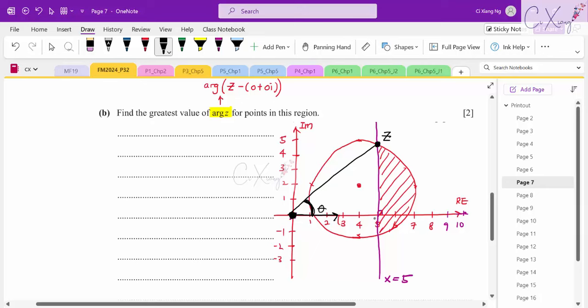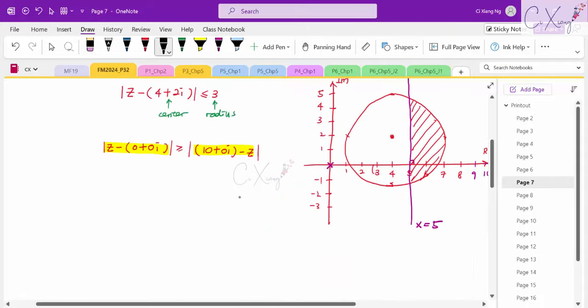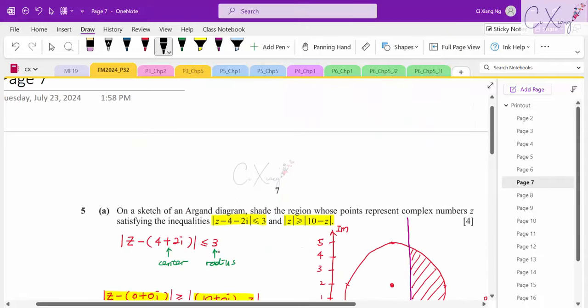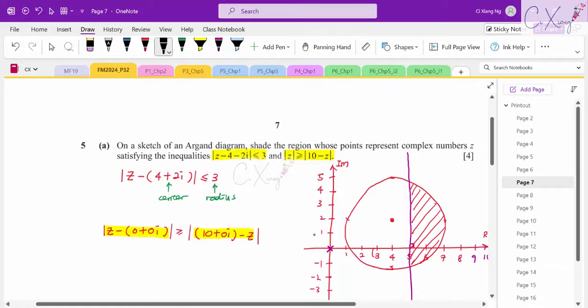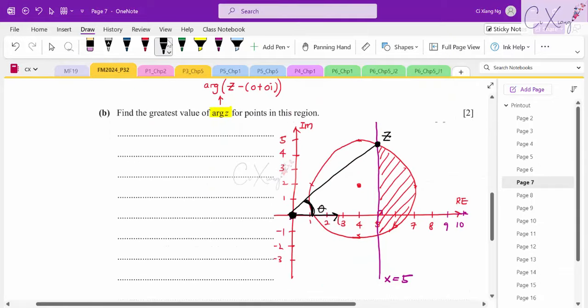There's no fixed method. It depends on your knowledge, or your idea of using all the concepts that you learned before to solve this question. For me, because I know that this is a circle with center 4, 2 and radius 3, I try to form the equation of the circle first.